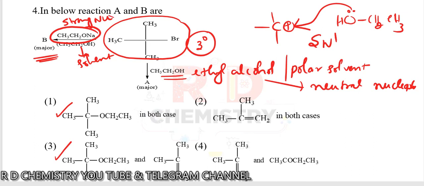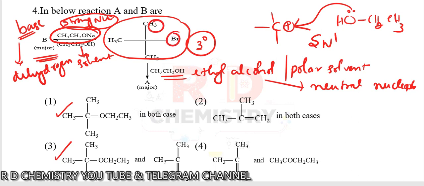So in this case the strong nucleophile will act as a base. So it can bring about dehydrohalogenation. So tertiary butyl bromide undergoes dehydrohalogenation, removal of hydrogen and halogen from the neighboring carbon atom to produce an alkene. Okay. Therefore, answer is option number 3. Hope this is clear to you.